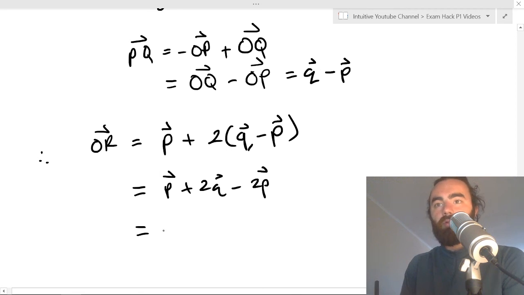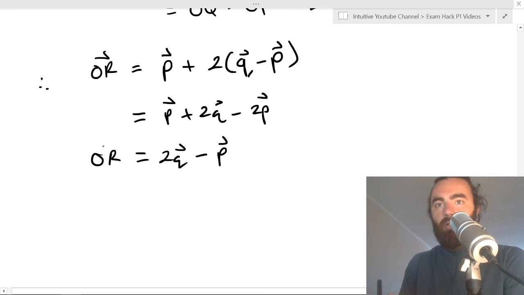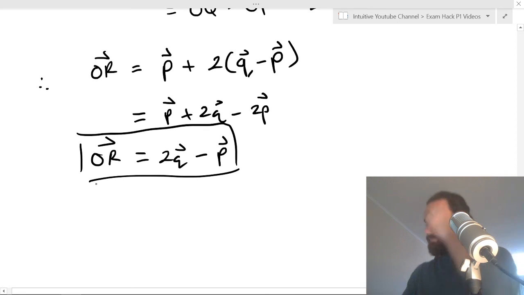So it equals 2Q minus P. So that's our OR in terms of P and Q.